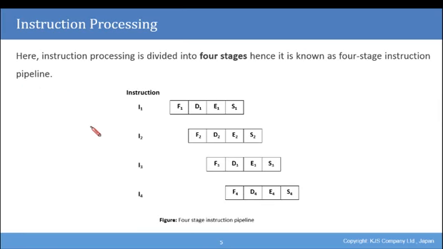So here we have a graphical representation of a 4-stage instruction pipeline. Here instruction processing is divided into 4 stages, hence its name. So what we can see here is we can define time slots. Time slot 1, time slot 2, time slot 3, time slot 4, time slot 5, time slot 6, time slot 7, and so on. And these are just pretty much clock cycles.